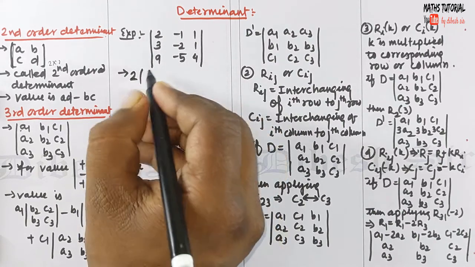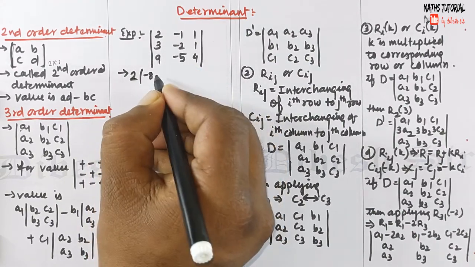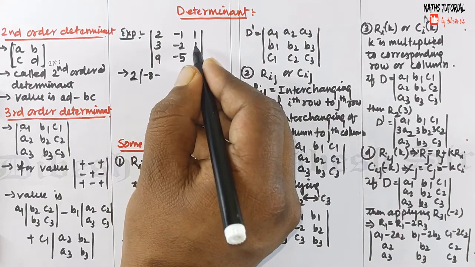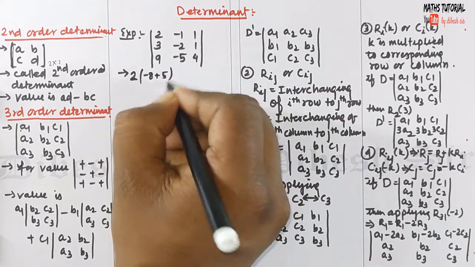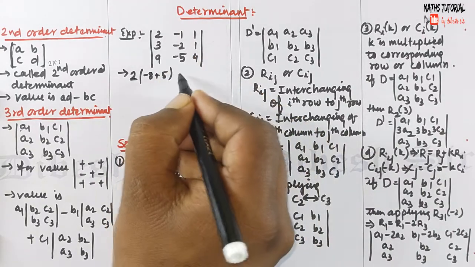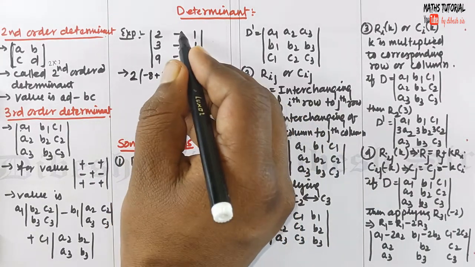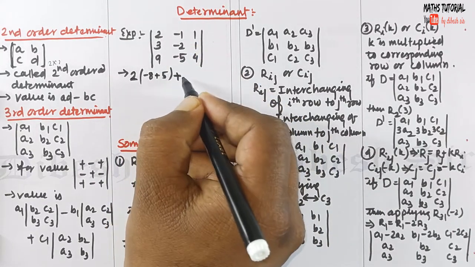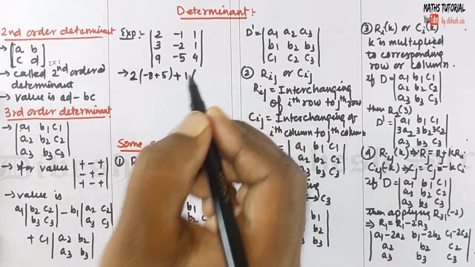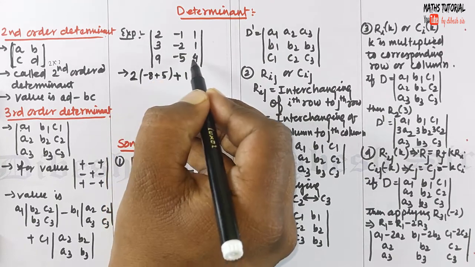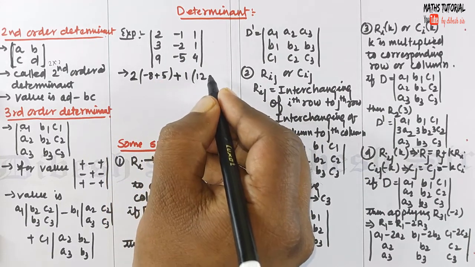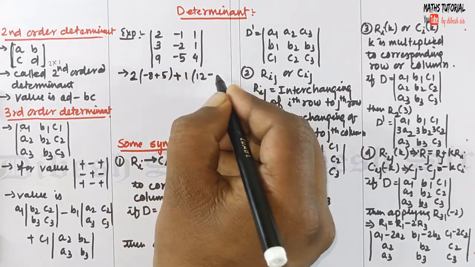Minus 2 into 4, that is minus 8, minus 5 into 1, that is minus 5, minus minus is plus 5. Now sign is minus, already there is minus, so it will become plus 1. Now close corresponding row and column, you will get 3 into 4, that is 12, minus 9 into 1, that is 9.